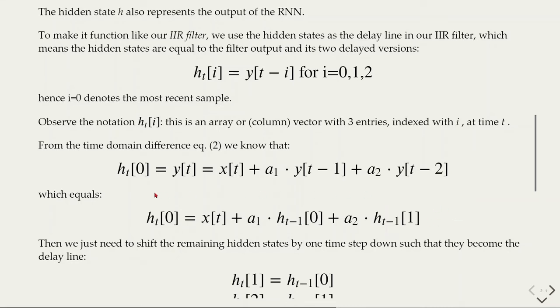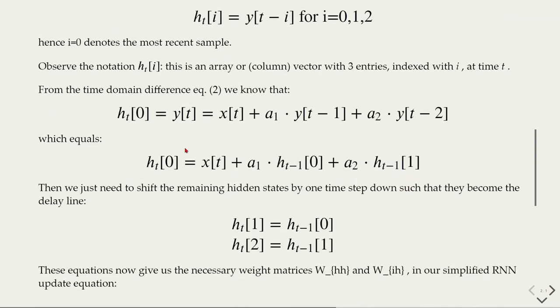So then we have now the relationship between the output, we have our input, here we have this hidden state h_t. The h_t(0) is equal to y(t), which is equal to x(t) plus a coefficient a1 times y(t-1) plus a2 times y(t-2). And then we have this equation here now without the y(t), but we have the h_t(0).